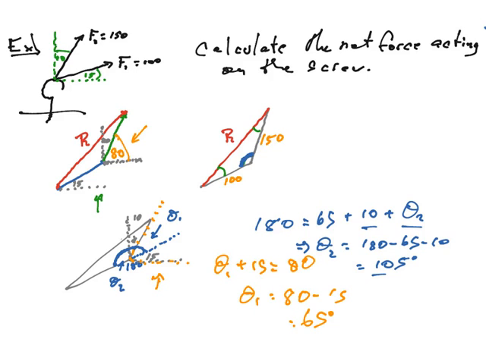So now I know this angle right here must be the 10 degrees plus theta 2, which I now know is 10 degrees plus 105, which is 115 degrees. Phew, all right, so all of that gave me one of my angles. I now know that angle is 115 degrees.